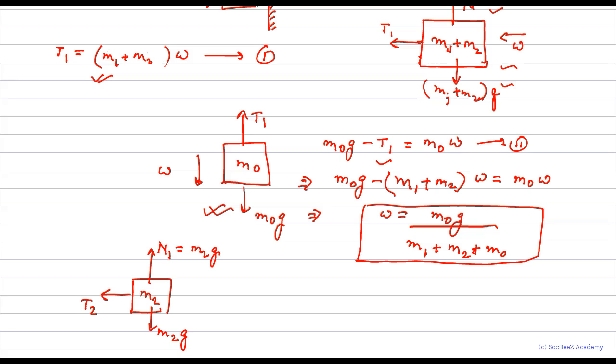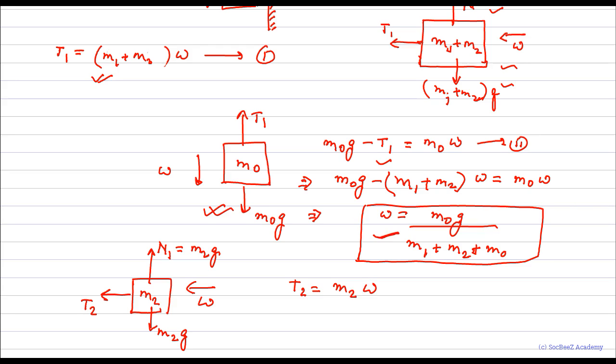This m2 is moving in the leftward direction with an acceleration of W. So if I write down the force equation along the x-axis, that is the horizontal axis, I'll write T2 equals m2 into W, and I know the value of W from the earlier expression.